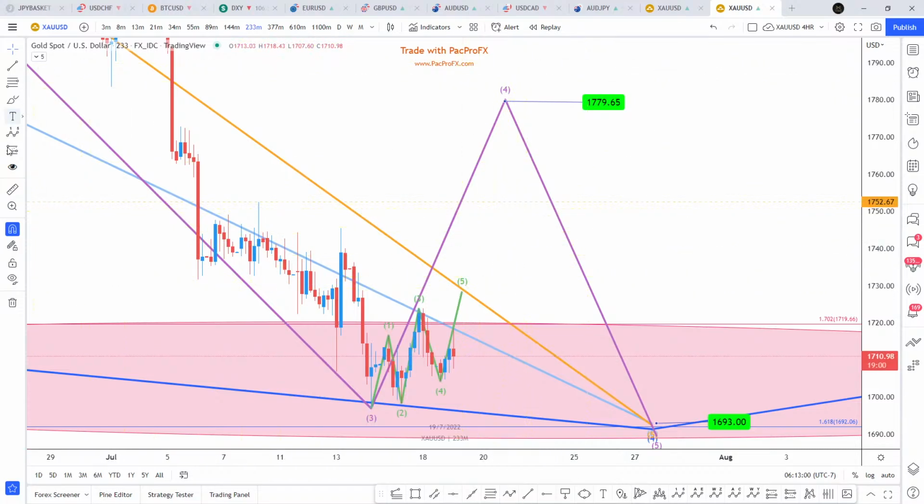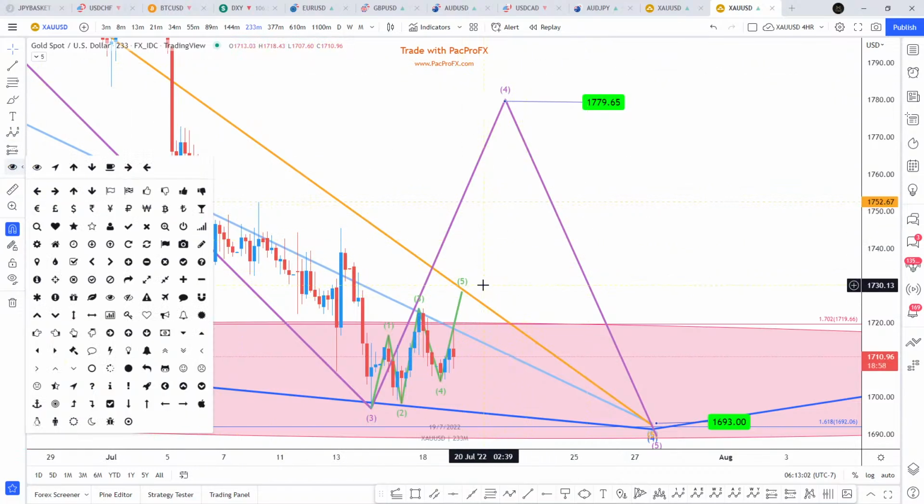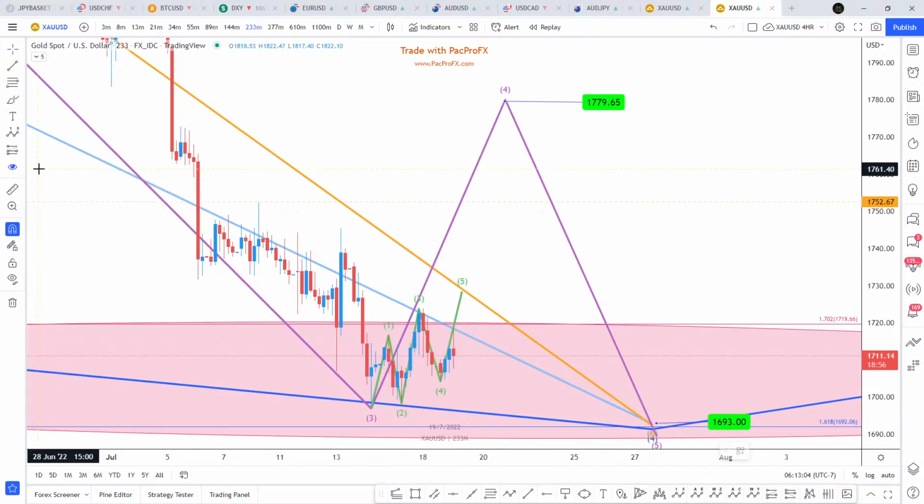So we'll have to keep an eye on that. Put a little eye icon on there. Gold is a little tricky, as you may know. But it looks like this area here would be the area that you would want to watch for a downturn. And then we'll see if we correct back up again.